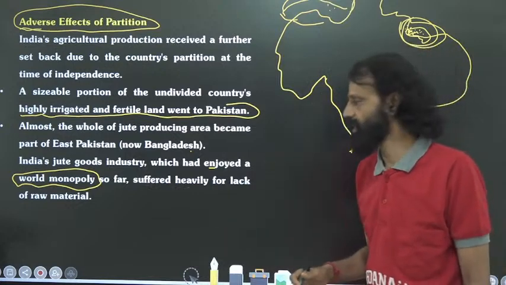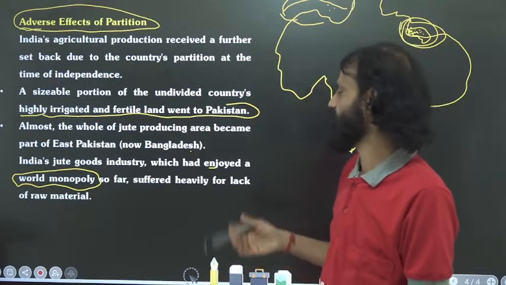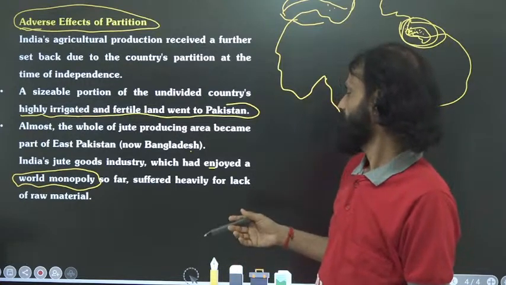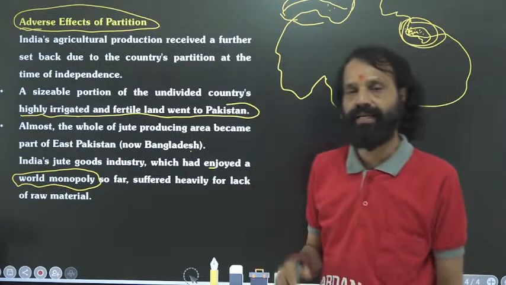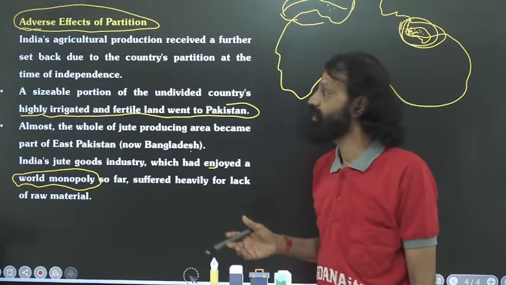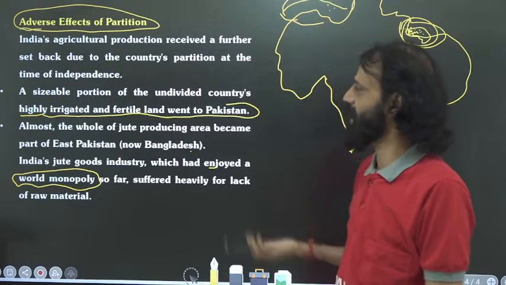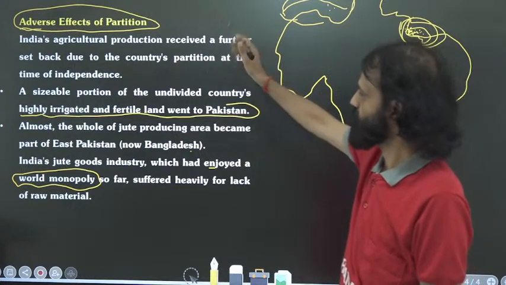Once we were the leading country, with a world monopoly in jute production. After the partition, all those areas went to Pakistan. So that also made a setback in India's economic situation.